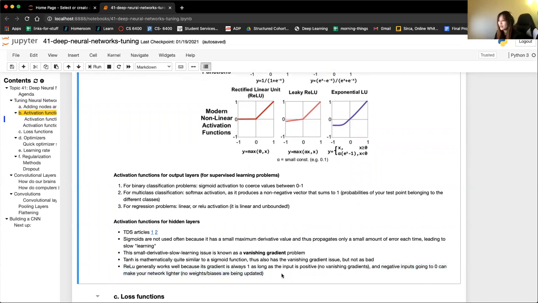So therefore, pros and cons, right? You're making your network work lighter because it doesn't have to update these nodes, but then you lose out because it isn't updating the nodes. So leaky ReLU just kind of accounts for that. Leaky ReLU was developed after ReLU. And I would say that if you're facing things like underfitting, leaky ReLU would be something you consider over ReLU. All right, thanks. You're welcome.